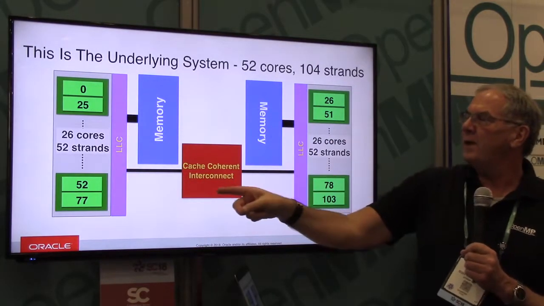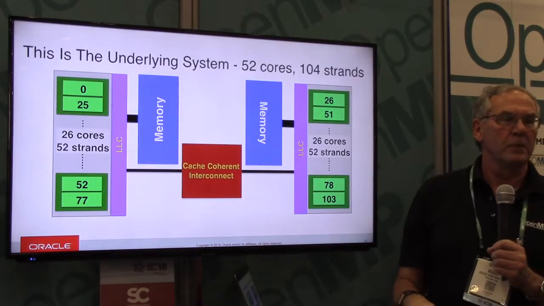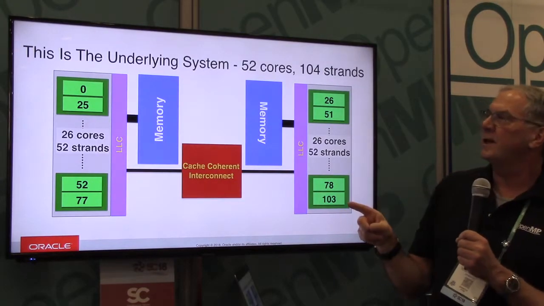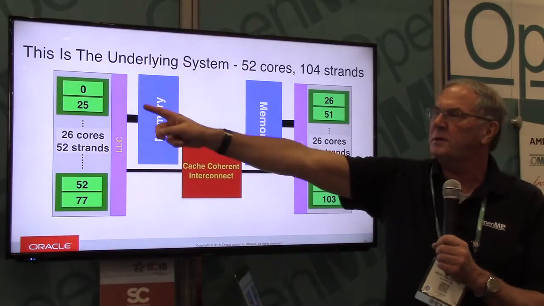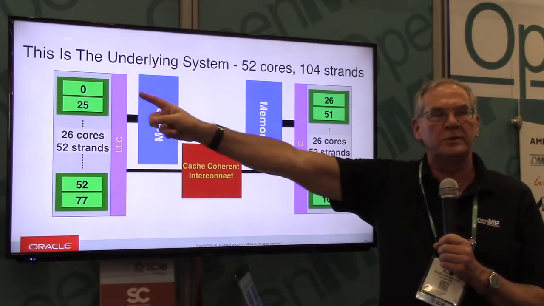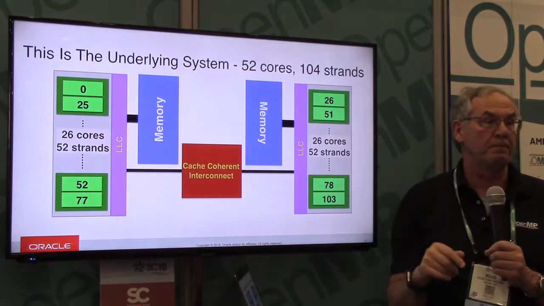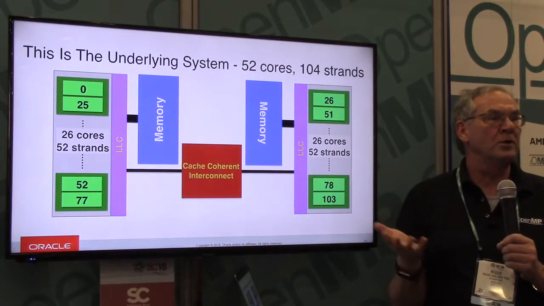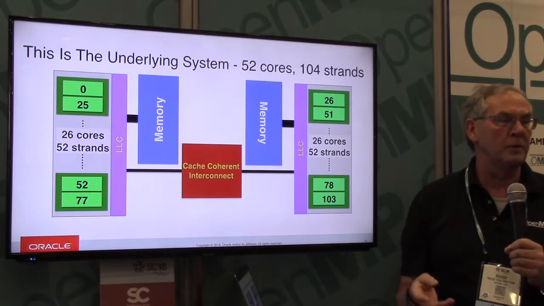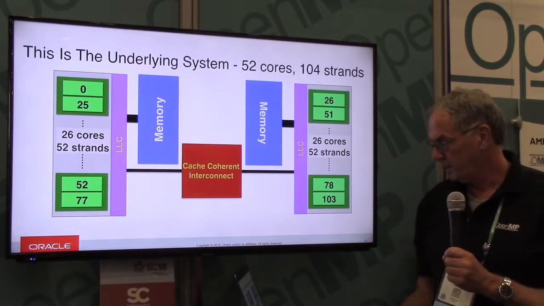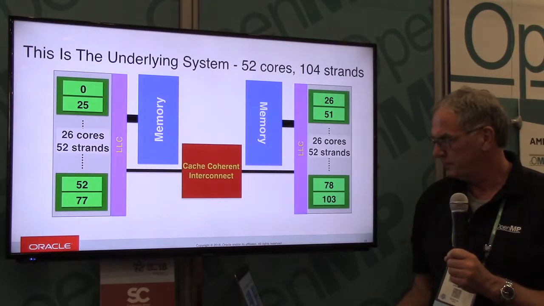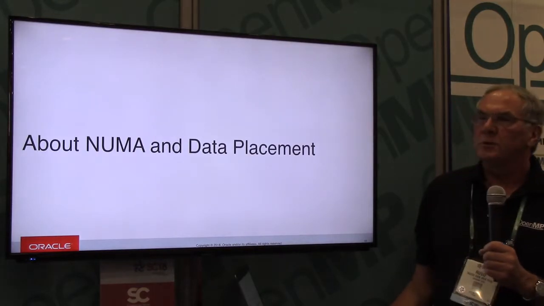From 25, you go to 52. The reason is that it makes it easier to get all the strands across all the cores, because that's 0 to 51. And surprisingly often, that's what you end up using more than the other way. So I think it makes sense. Okay, so that's the hardware side.